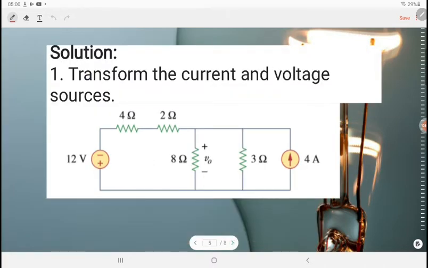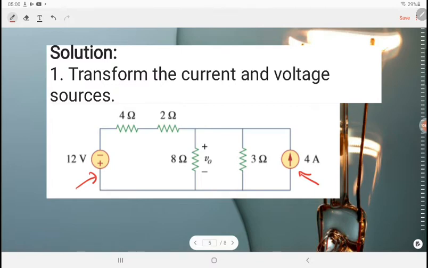So let's transform the current and voltage source. In this circuit, we convert the current source into a voltage source, and the voltage source into a current source.